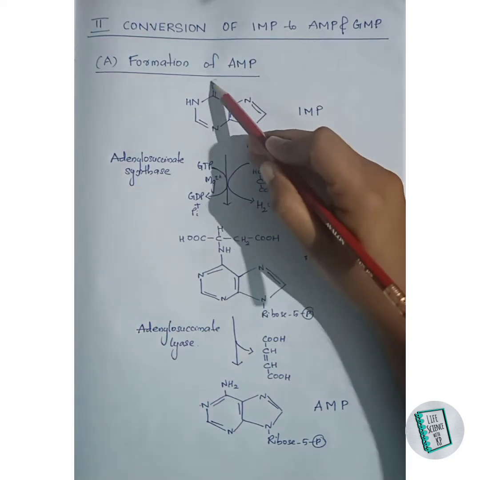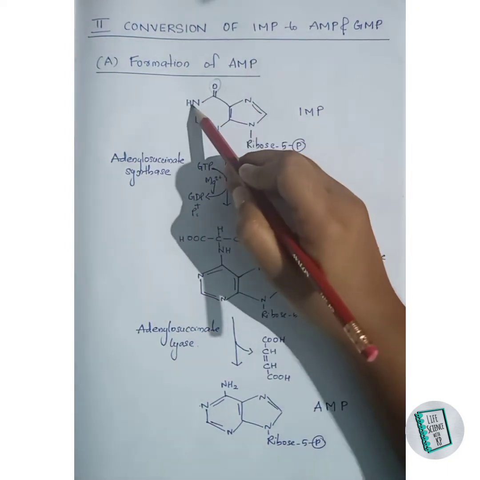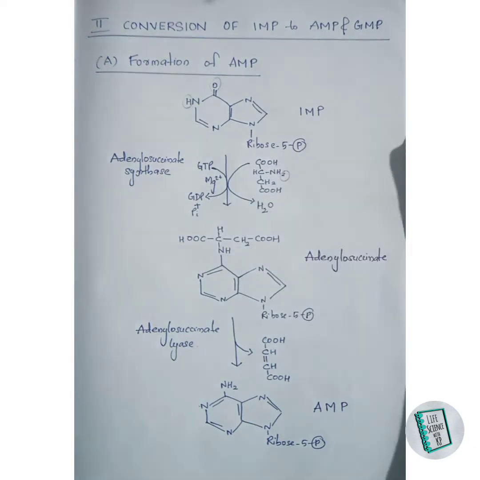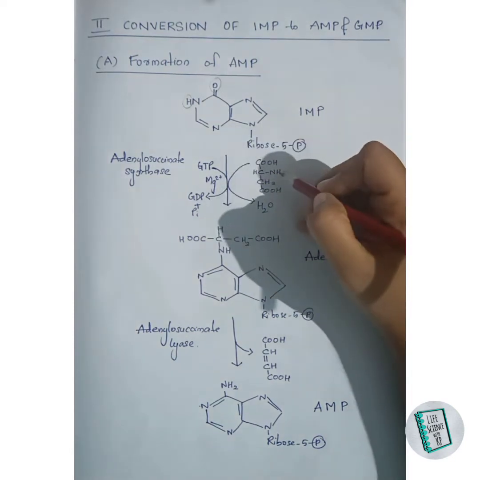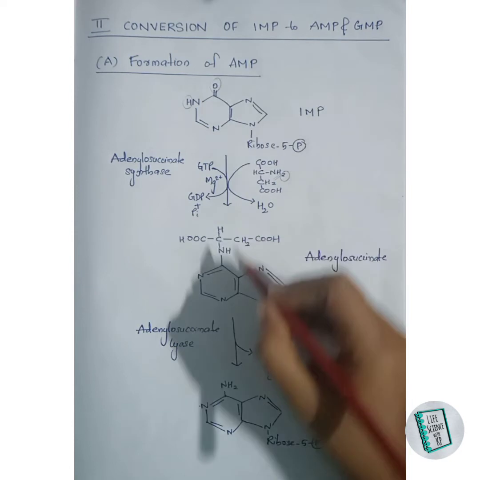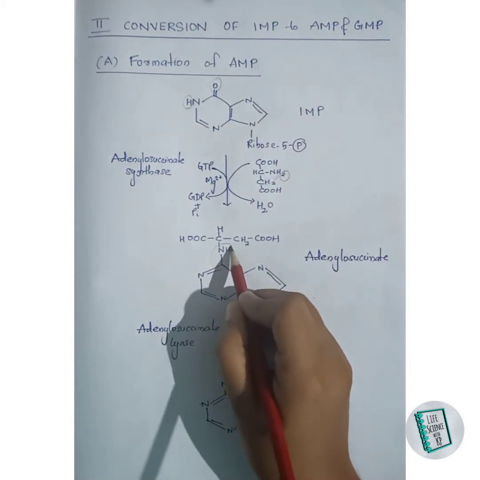So this oxygen, this hydrogen of this NH and one of the hydrogen of this NH2 leaves as water molecule, and this remaining NH joins with this carbon and forms this bond here.